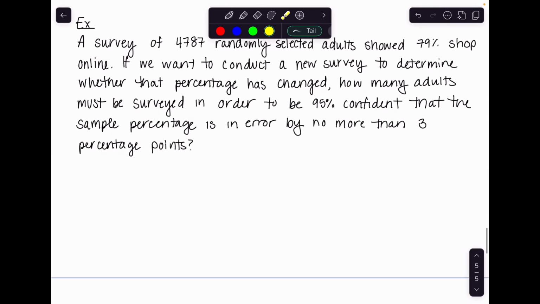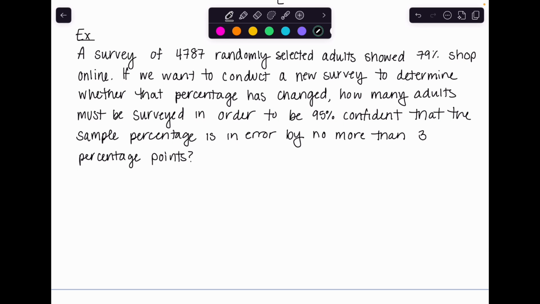So I'm going to start by copying down the formula, and then I'm going to figure out each of the values here. So the number of people I need to sample is whatever that critical Z value is squared times P hat times Q hat divided by the error squared. In this case, we're dealing with a 95% confidence interval.